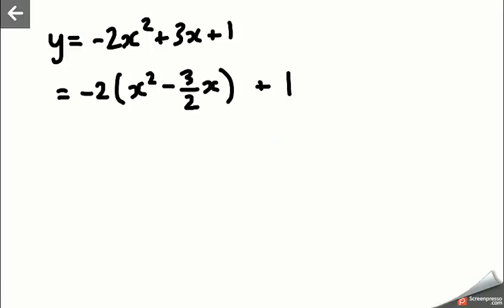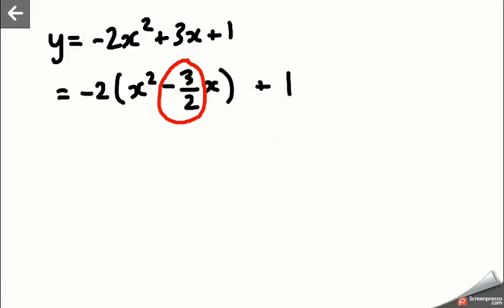Okay, and now for the actual completing the square part, what we observe is that if we take this number here, -3 over 2, if we divide that by 2 and then square it and then add it on and then subtract it, we're going to get something that we can factorize.